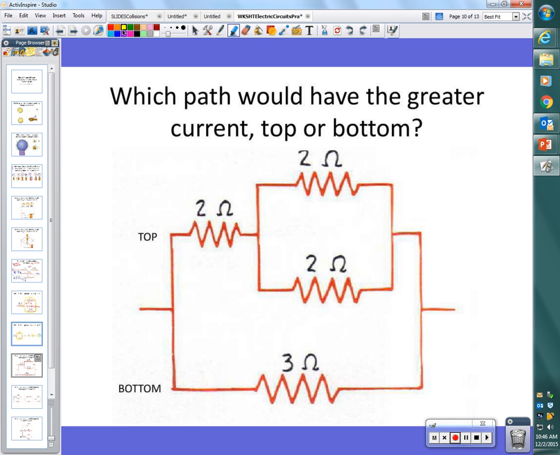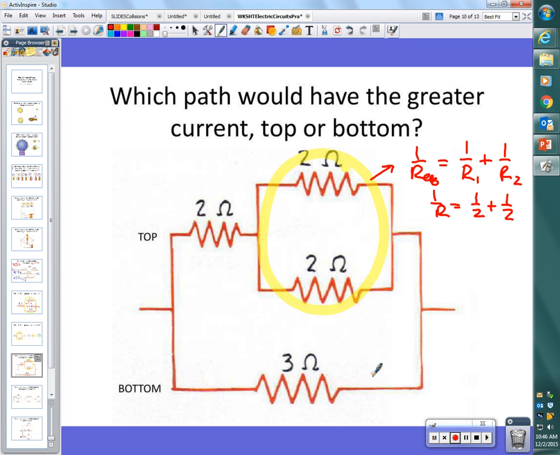Well, just like we did in the last problem, first thing we should do is find the equivalent resistance of those two resistors in parallel. So, like we just discussed, 1 over Req is 1 over R1 plus 1 over R2. In this case, both of these resistors connected in parallel are 2 ohms.